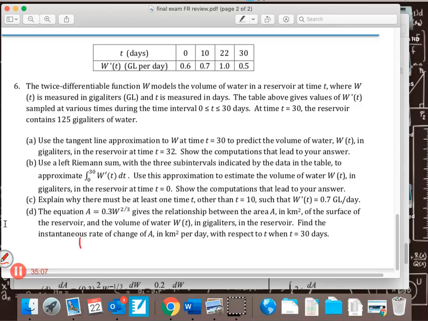So dA/dt equals 0.3 times, w to the 2/3 would be 2/3 w to the negative 1/3 times dw/dt. All right, so there's your general dA/dt. We want this when t equals 30.